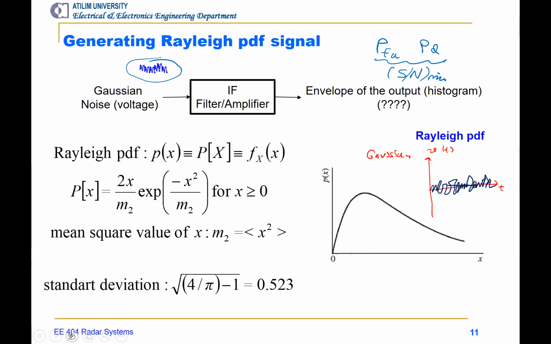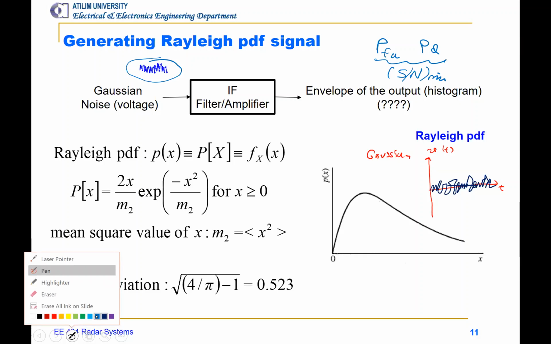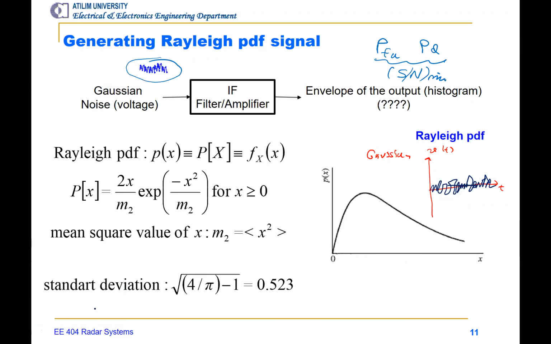And if we look at the probability density function of this noise, we'll see something like this. So the average here is 0. The mean value is 0. There is a variation here, right? So this is the mean value.